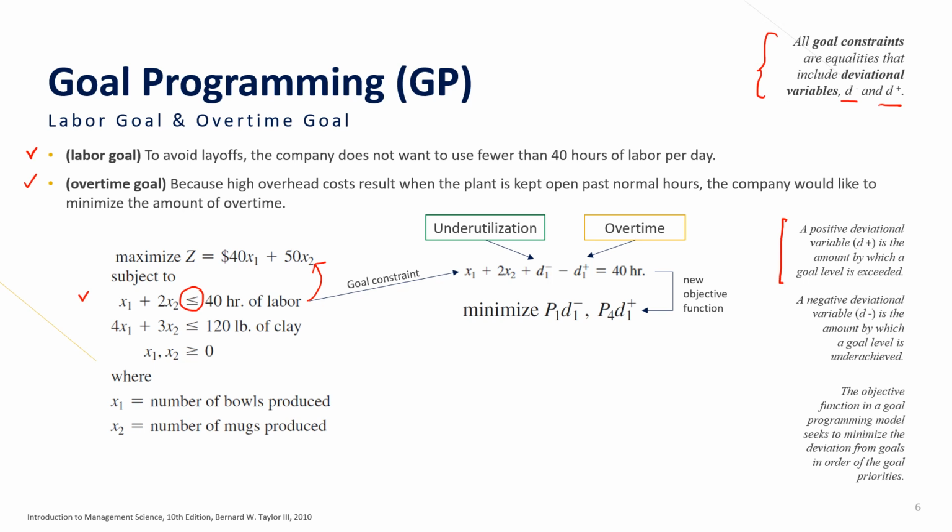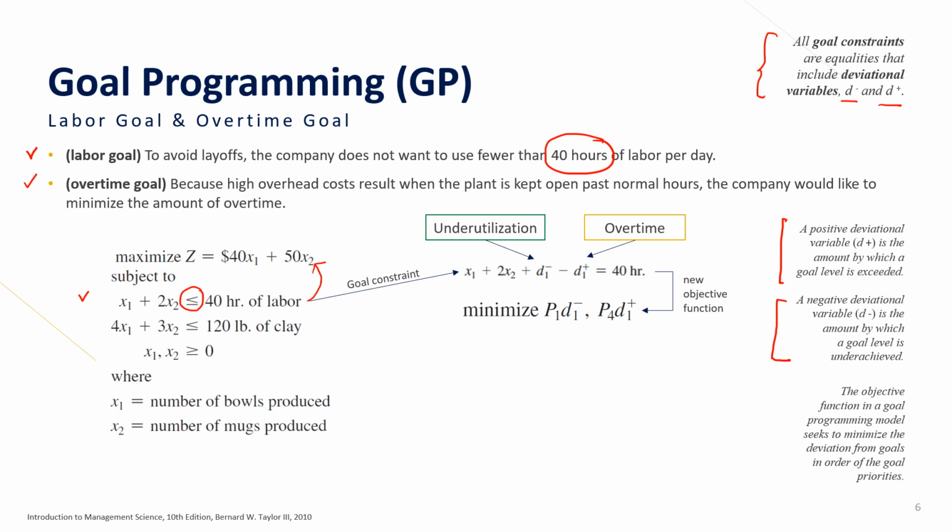For example, here they want 40 labor hours as the goal. If we utilize more than 40 hours, d plus will have a value. The negative deviational variable d minus represents the amount by which a goal level is underachieved. For example, if we use only 30 hours, d minus will have a value.